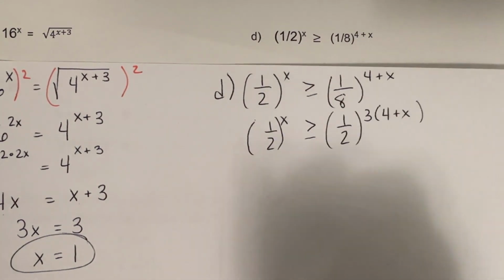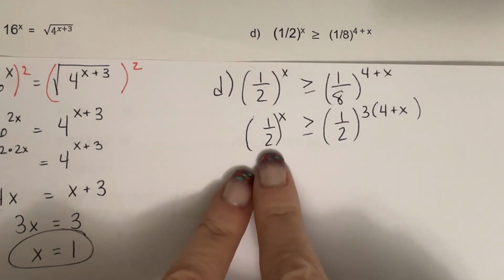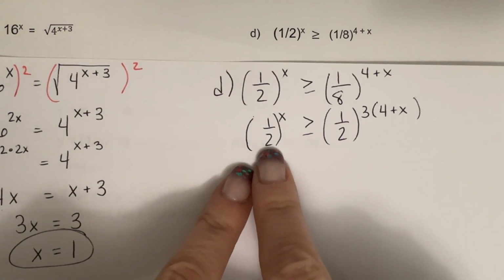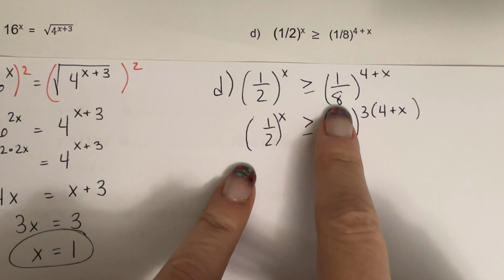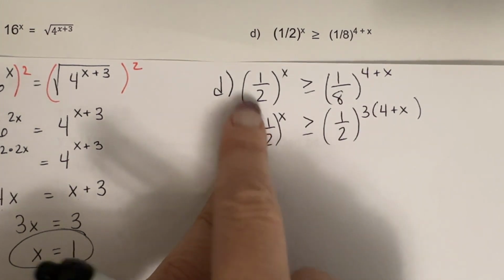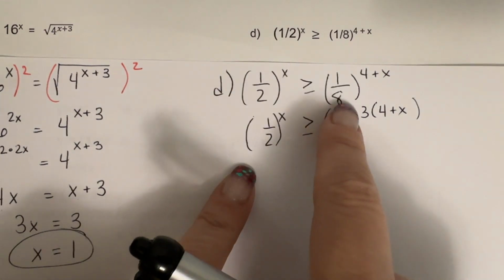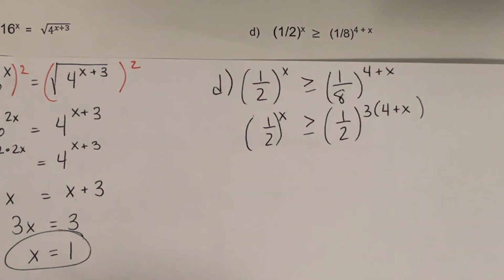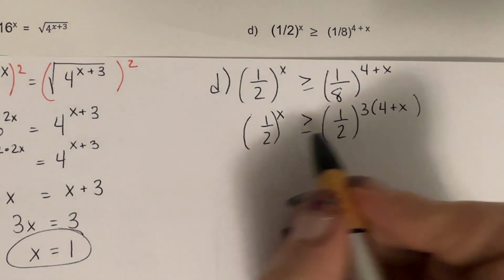Notice when I do this, I'm always making my denominator, now I'm not going to say it's smaller because 1/8 is smaller, but the denominator is 2 versus 8. So I cannot cube this side to turn it to that. I always have to lean toward not the smaller denominator, but the smaller integer value.